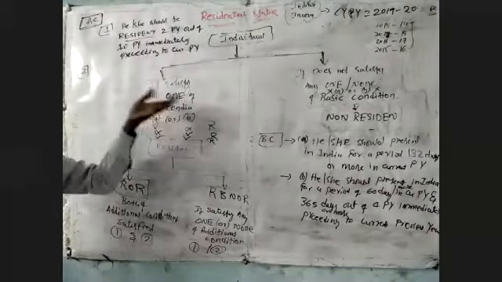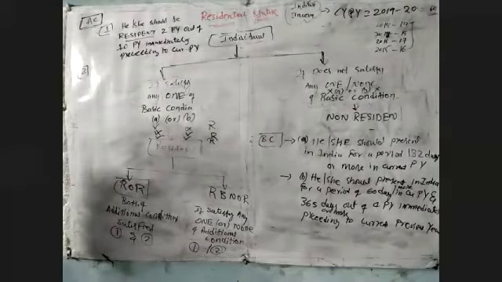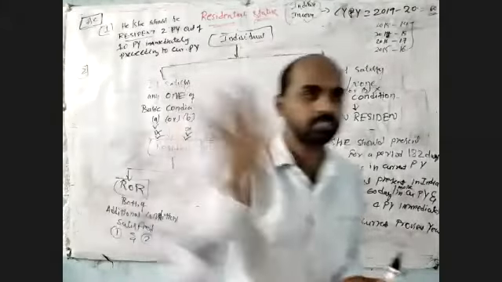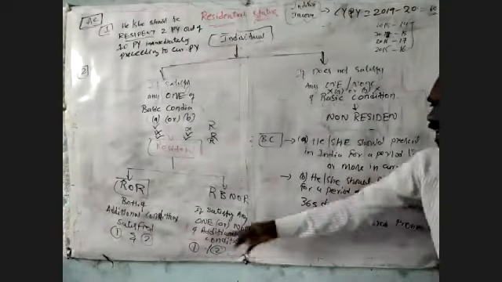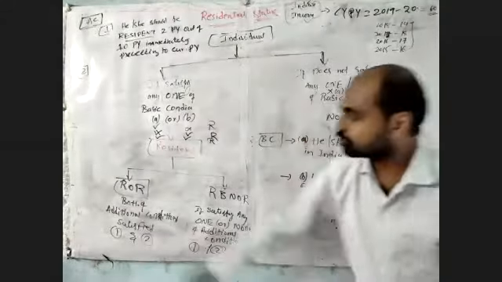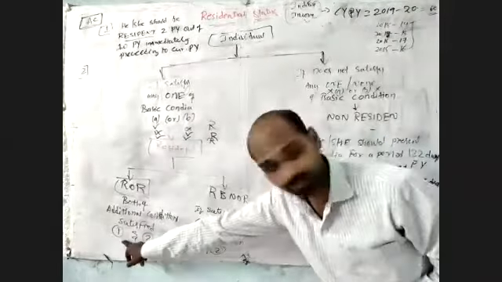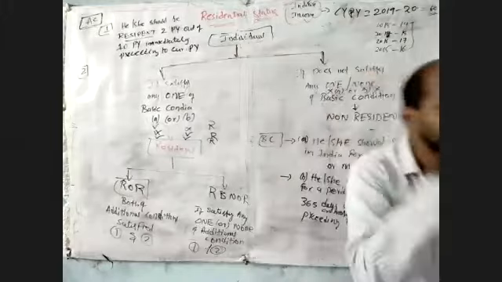Additional condition 1 is satisfied. Out of 10 years, 2 previous years, he is becoming resident. Then check additional condition 2, because to become resident and ordinary resident, 1 and 2 both you should satisfy.